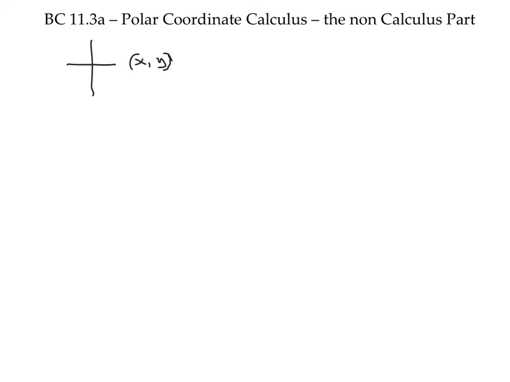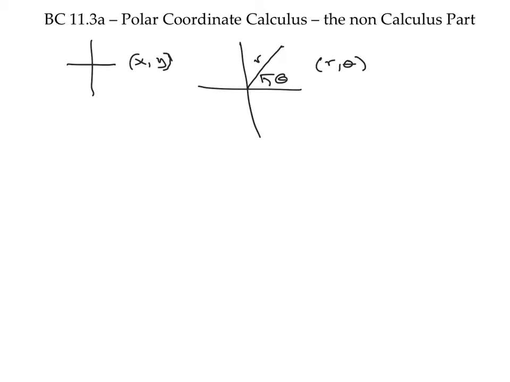Well, polar coordinates are a totally new way of thinking about it. In polar coordinates, you describe two things. You describe how far away from the origin an object is and at what angle relative to the positive x-axis. And so polar coordinates require an r and a theta.